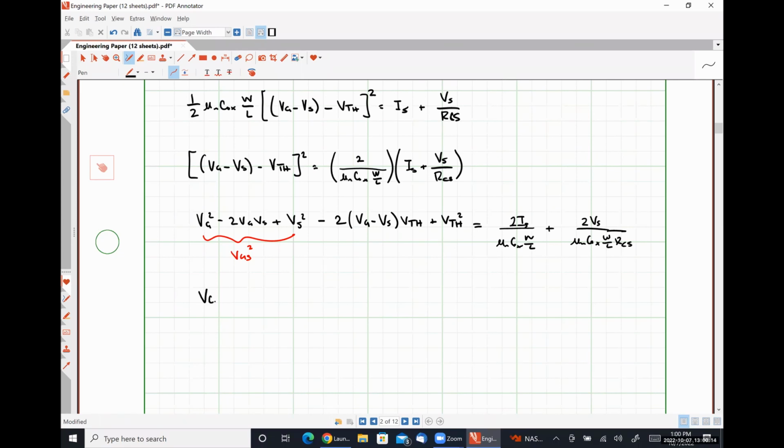So let's see, I have VG squared minus twice VG VS plus VS squared minus twice VG VTH plus twice VG VS plus VTH squared for my left-hand side of the equal sign. Any algebraic errors there?